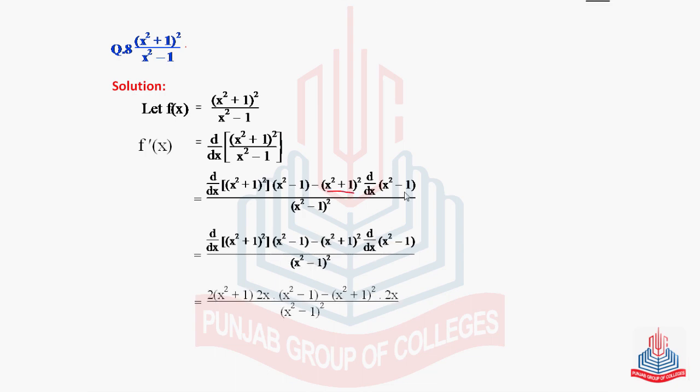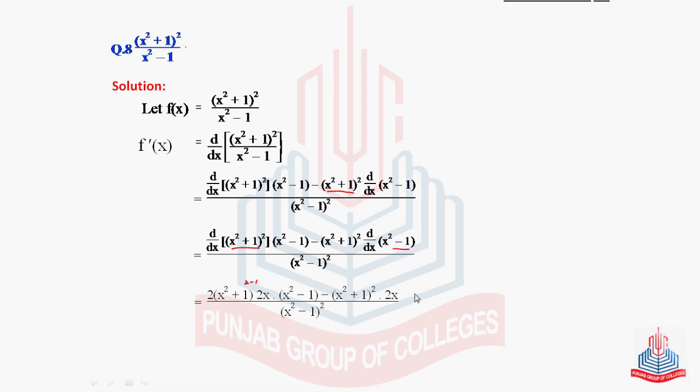When we apply derivative on this portion, by using our power theorem, this 2 times the function (x square plus 1) to the power 2 minus 1, and when we apply derivative on x square plus 1, that will become 2x, and this x square minus 1 will be as it is, minus this (x square plus 1) whole square as it is, and derivative will apply on x square minus 1, which is 2x, and the derivative of 1 will become 0.